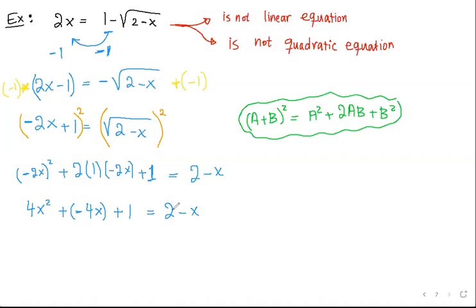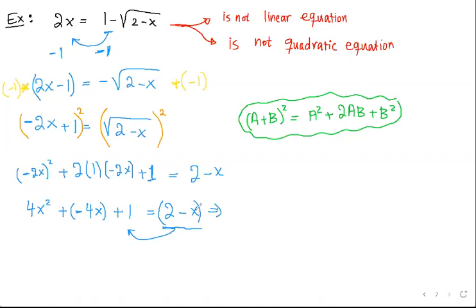Now we move everything to one side to make it equal 0, then we simplify. To move these to this side, I subtract 2 and I add x. I'm going to do these two steps at one time.